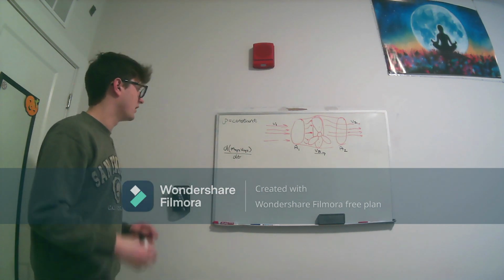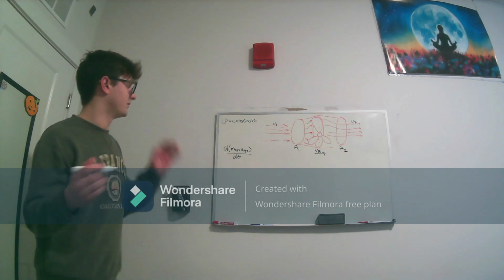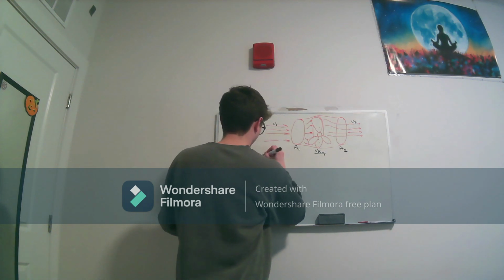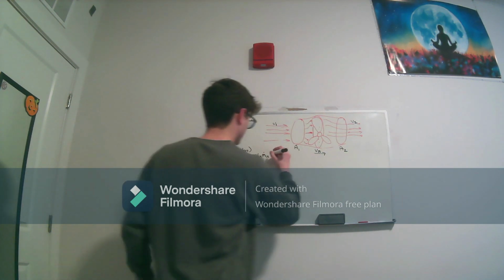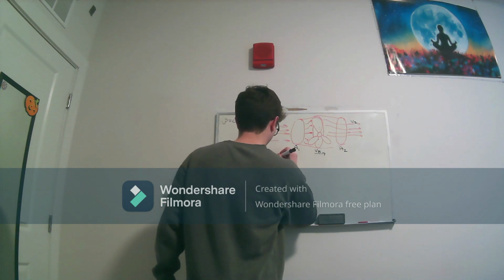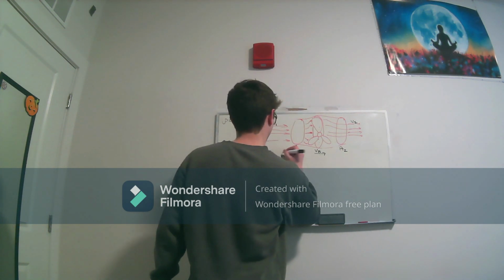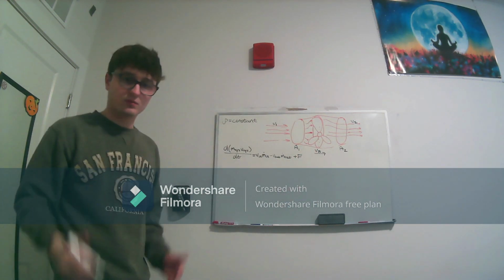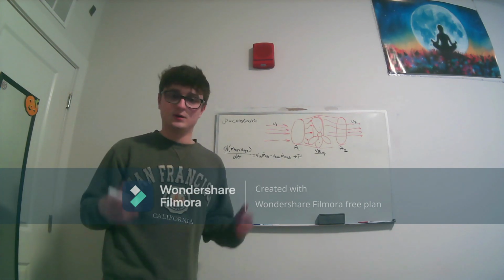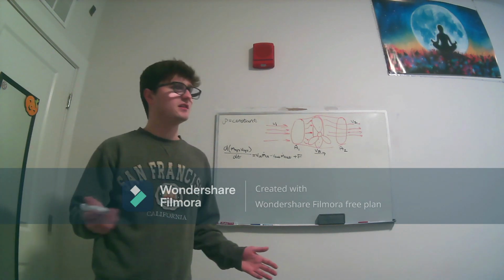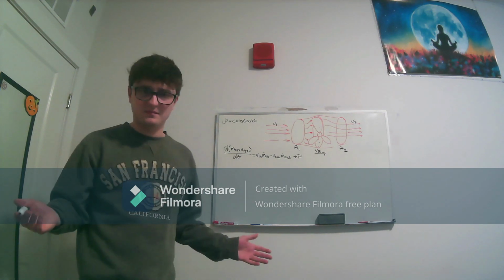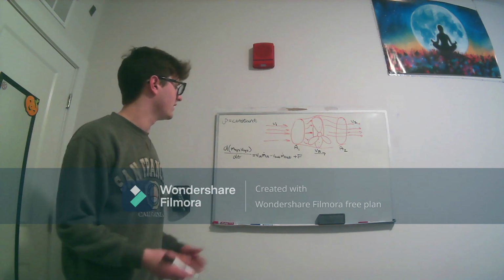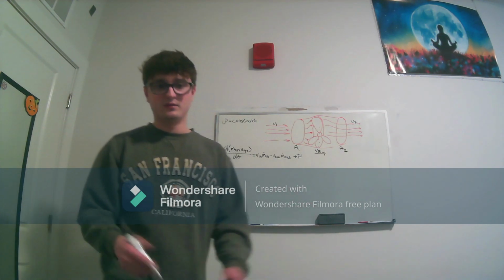So the change in the mass of our system multiplied by the velocity of our system over time is going to be equal to the velocity into our system multiplied by the mass flow rate into our system, minus the velocity out of our system multiplied by the mass flow rate out of our system, plus any forces that may be generated. Any force that is generated, we're going to denote as F.